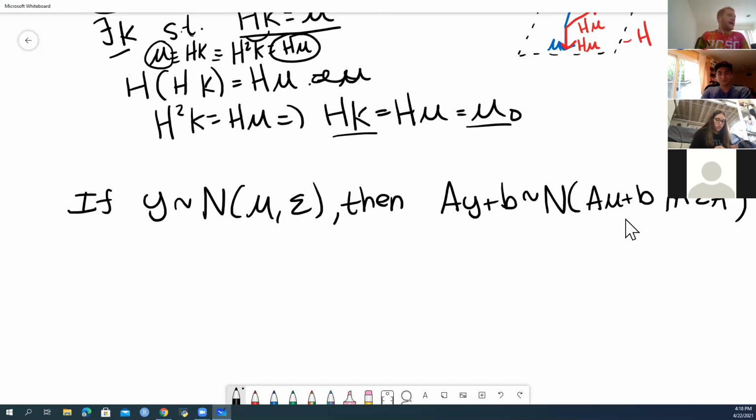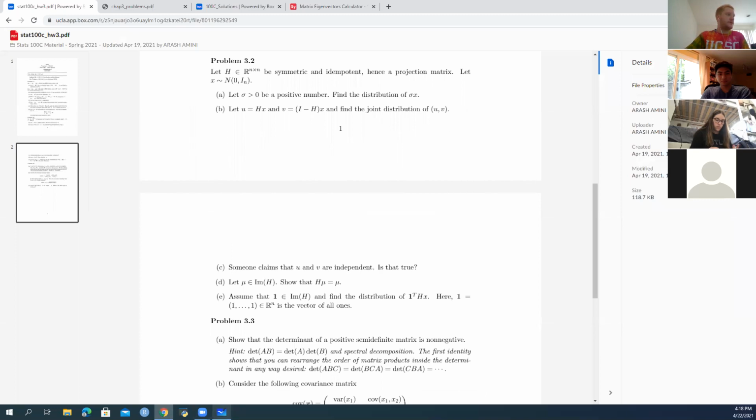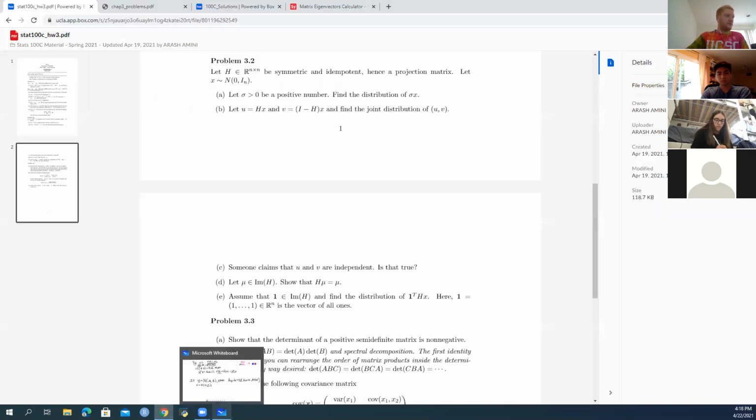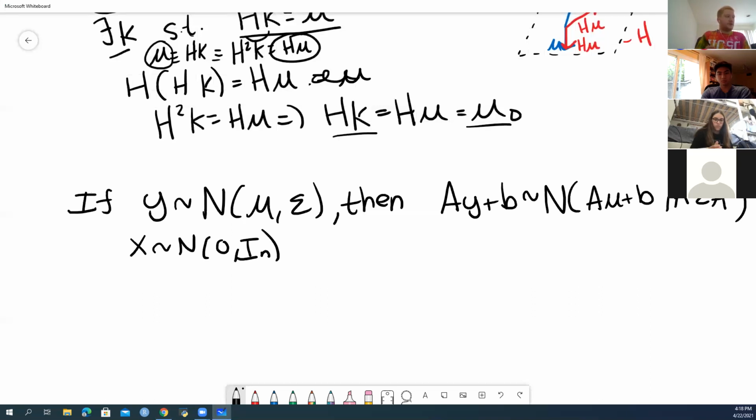So then for this, we have that X is distributed normally as 0, I_n. Sorry, I know it's really annoying when I go back and forth. We want to find the distribution of 1 transpose HX. So we can just treat this like a matrix, right? So let's consider this our matrix. So this is A from the above problem.